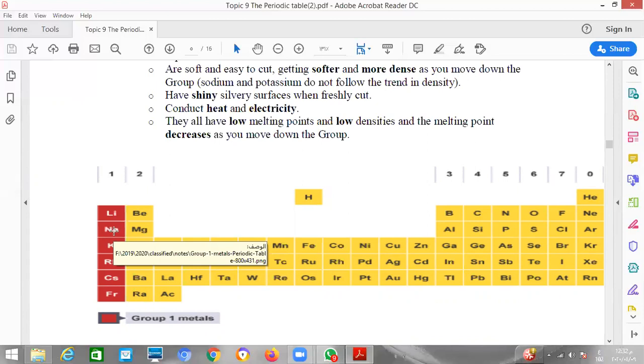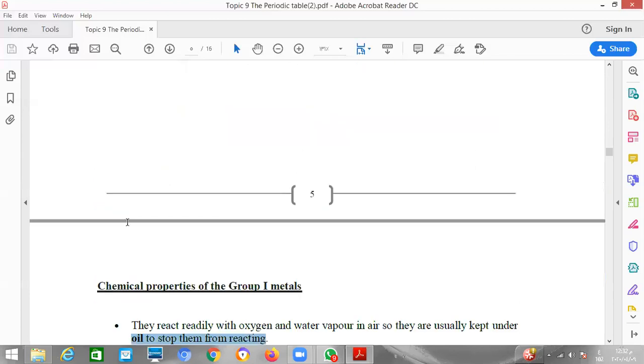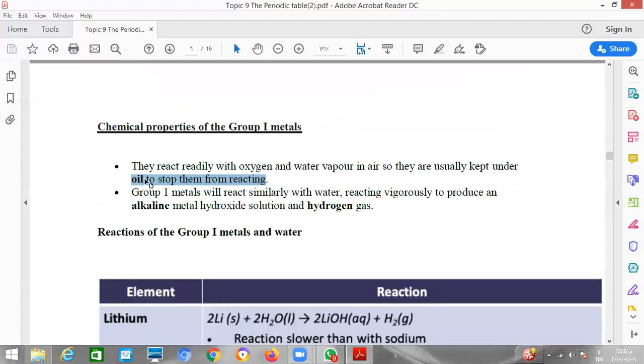If you put it in air, it will react with water vapor and give you fire. So we keep these elements under oil to stop them reacting.